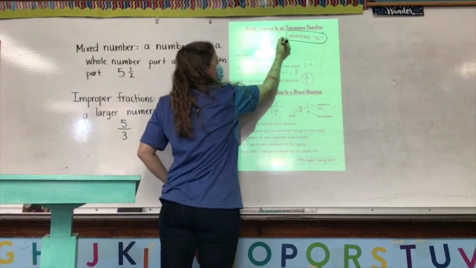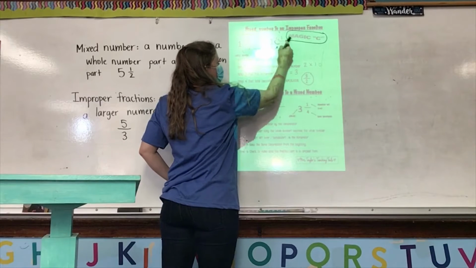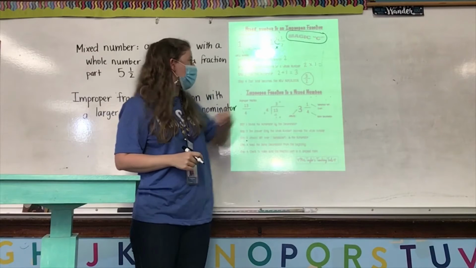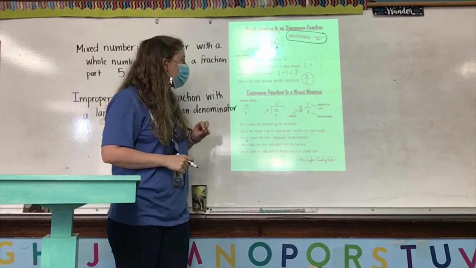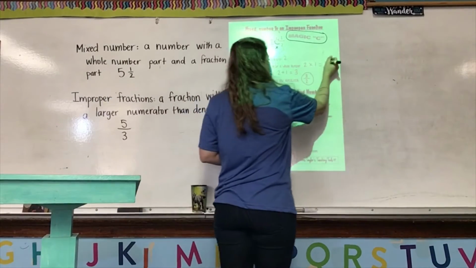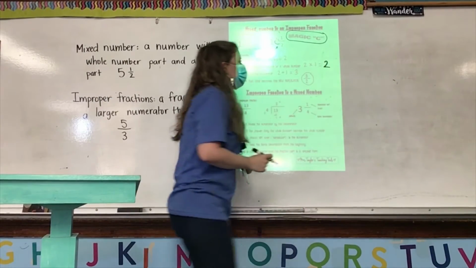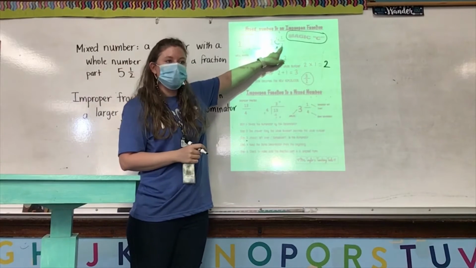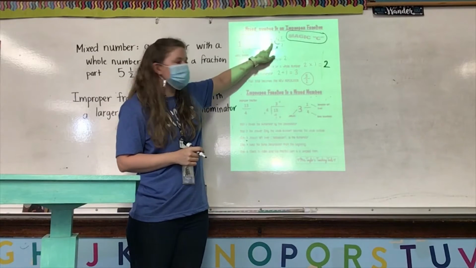So here we have the first part of that C. The denominator 2 times the whole number 1. 2 times 1 is what, class? 2. So we did the first part of the magic C.